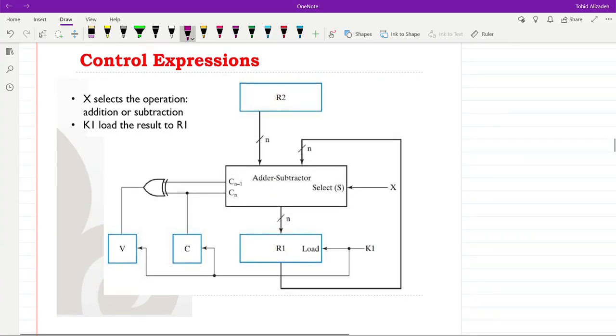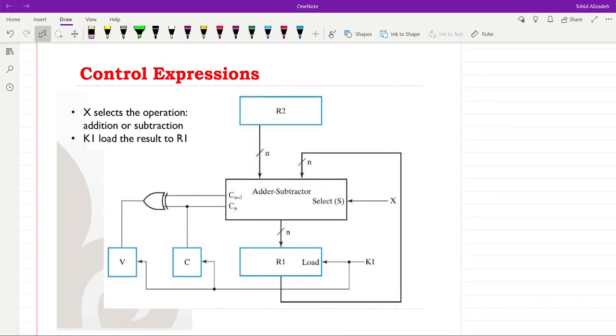You can see over here how the whole configuration is set up here in this block diagram system. At the center we have the adder subtractor. You should remember from past that for the adder subtractor we will have two main inputs, which are the operands A and B, you could think of, and then we have a select input, which is x in this case.